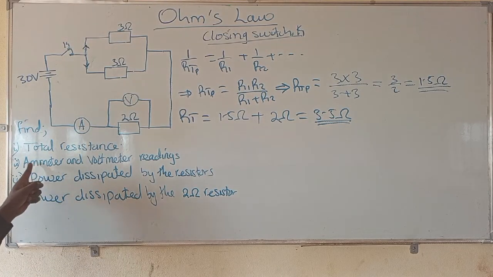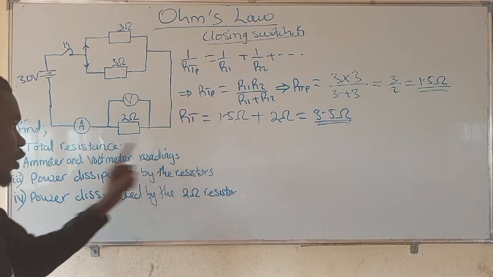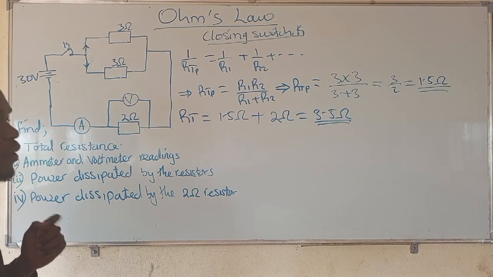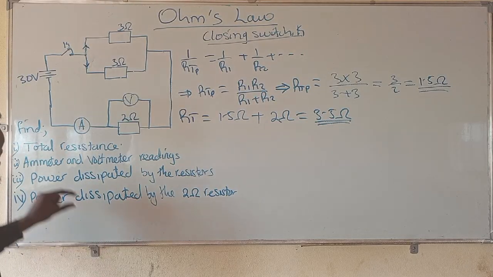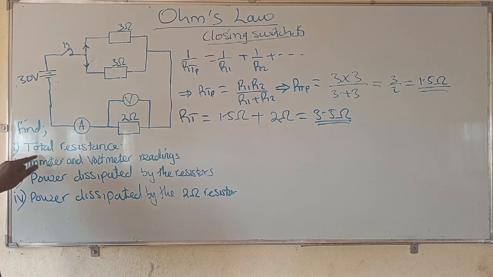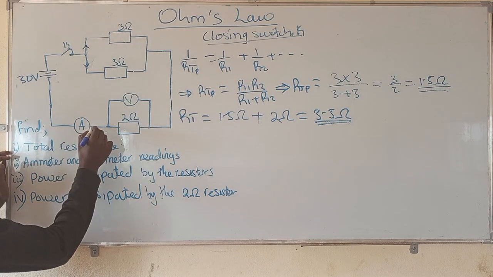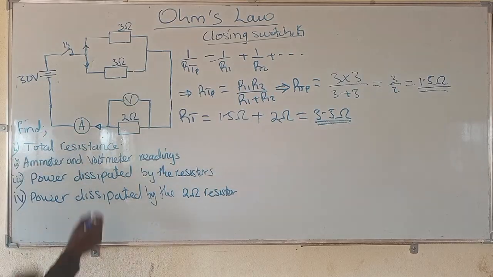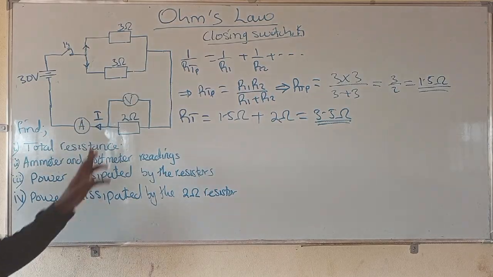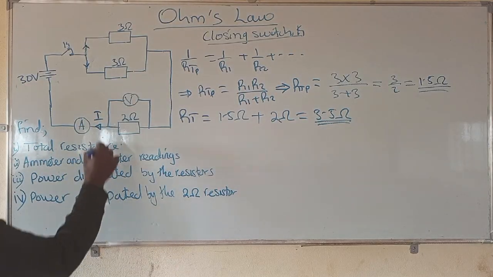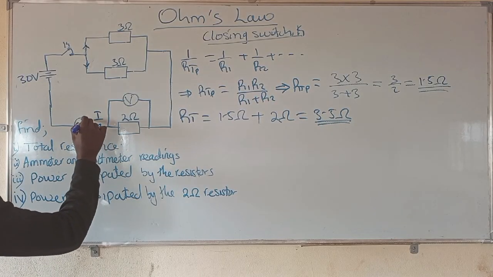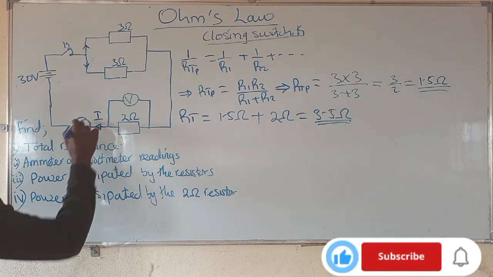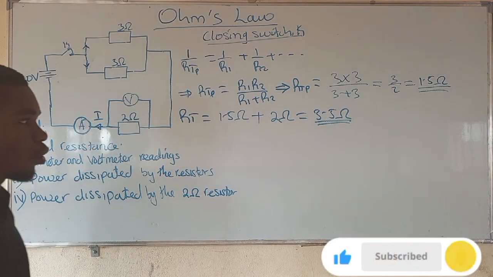They want us to find the ammeter and voltmeter readings. The ammeter reading is simply the current that will be passing through this ammeter. Let's call the current I. What flows in this ammeter is what the ammeter reads. So in such a case, we have to use Ohm's law.